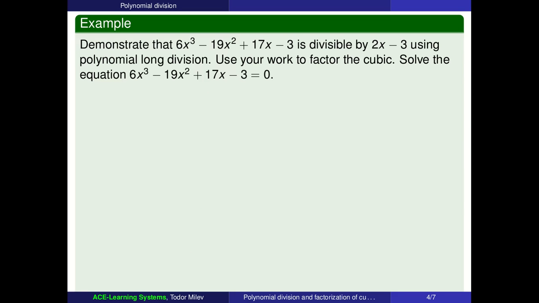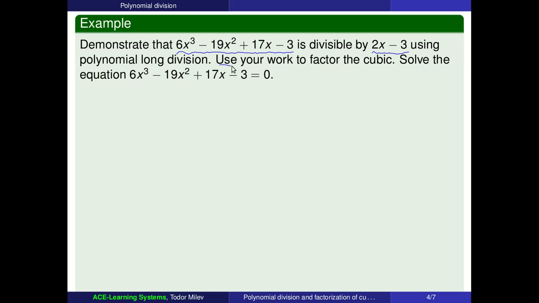In this example, I will teach you how to use polynomial long division to factor polynomials. Then I'm going to teach you how to use that to solve polynomial equations. Let us read the problem. Demonstrate that the cubic polynomial 6x cubed minus 19x squared plus 17x minus 3 is divisible by the linear polynomial 2x minus 3.